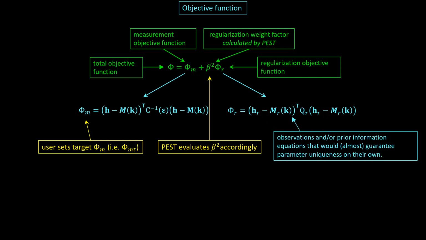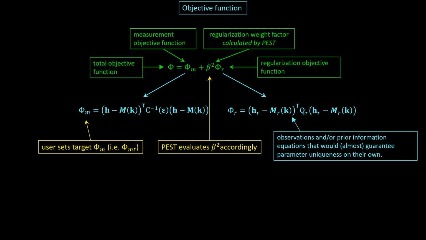This could be smoothness, it could be minimum curvature, it could be the desire that if heterogeneity exists within the model domain, it exists in one place rather than another. The regularization objective function is low when that condition prevails.